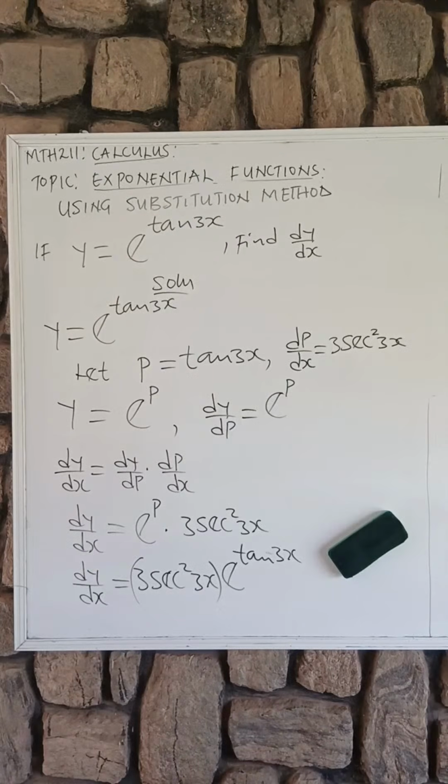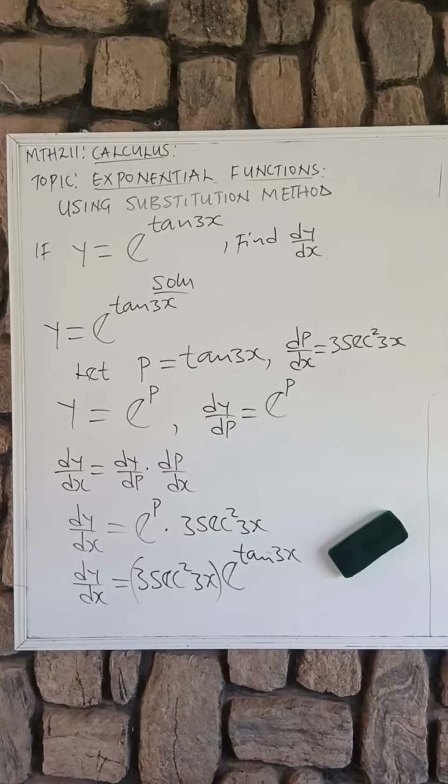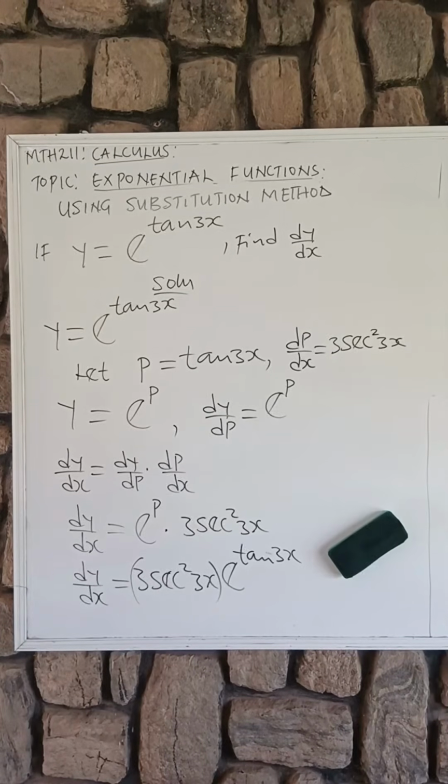Any question? Yes or no? Or we should proceed. So let us proceed. As long as you understand your chain rule, I don't think this will give you a problem.